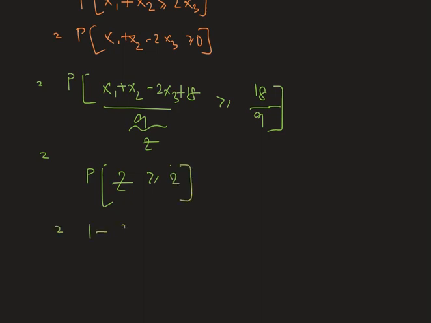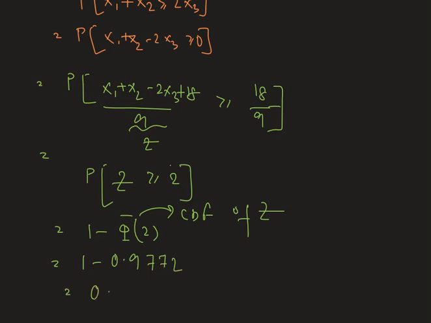Therefore we get 1 minus capital phi of 2, where capital phi is the CDF of z, and this reduces to 1 minus 0.9772, and we get 0.0228.